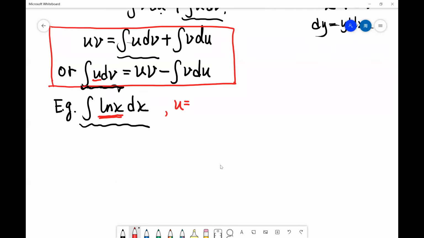U dv, so U should be ln x. And V should be x here, right? So V equals x here. So we can use the formula directly.